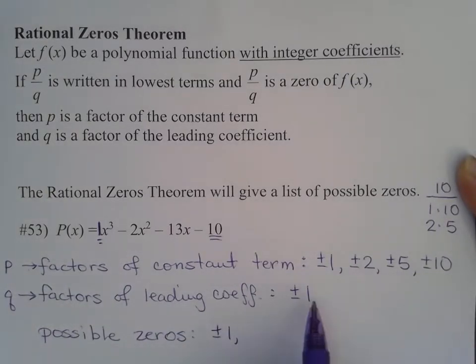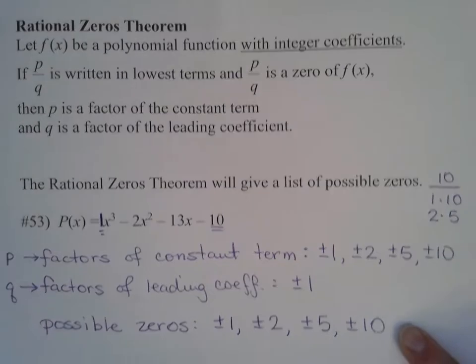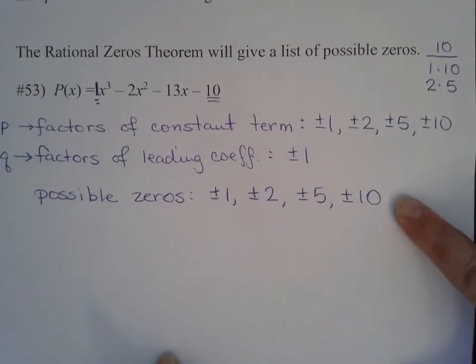I could have 2 over 1, 5 over 1, and 10 over 1. So this is what the rational zeros theorem tells us, right? If I look at all the factors here, then the zeros must be among this list. There are 8 possibilities here.